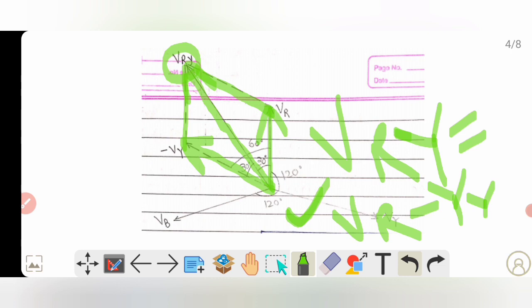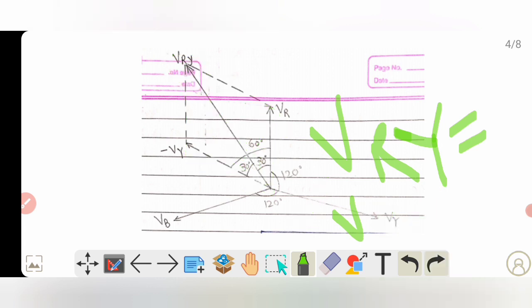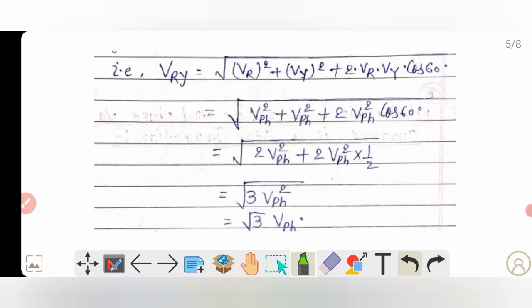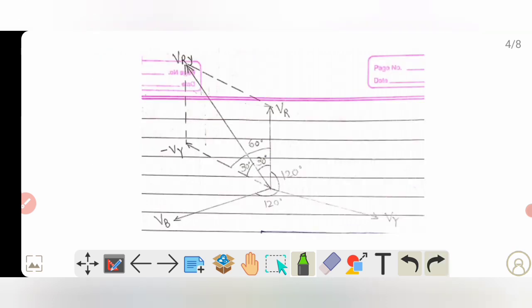This angle will be equal to 60 degrees, and it will be divided into two parts of 30 and 30 degrees by this diagonal, which is the equivalent voltage VRY. So this is the phasor diagram. With the help of this phasor diagram, we will derive some formulas.